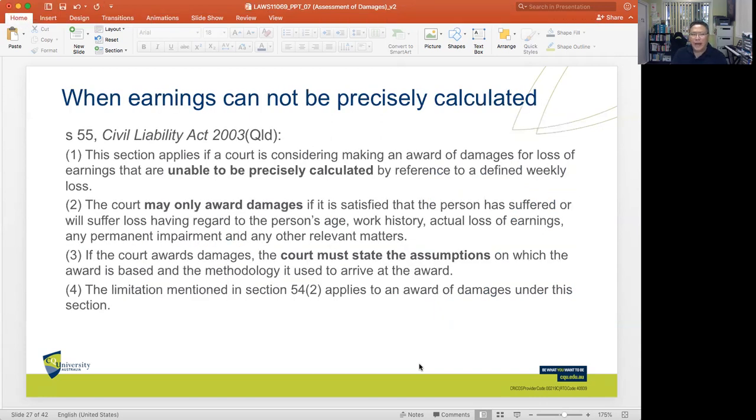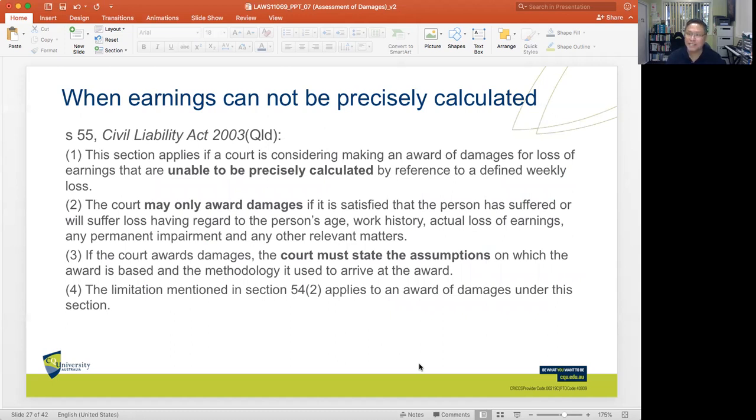Now, what happens when earnings cannot be precisely calculated? This is provided as well in Section 55 of the Civil Liability Act. It says there that this section applies if a court is considering making an award of damages for loss of earnings that are unable to be precisely calculated by reference to defined weekly loss. The court may only award damages if it is satisfied that the person has suffered or will suffer loss having regard to the person's age, work history, actual loss of earnings, etc. So the point there is that the court cannot just willy-nilly award damages.